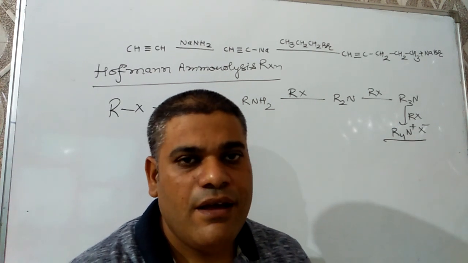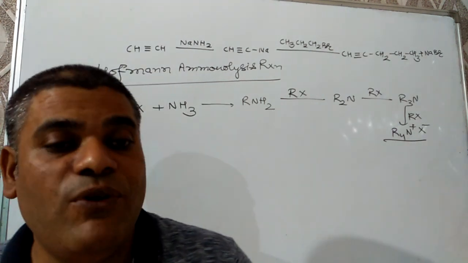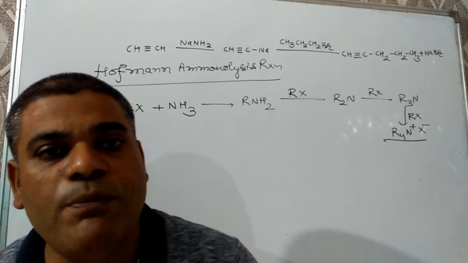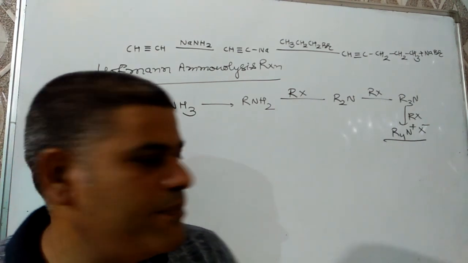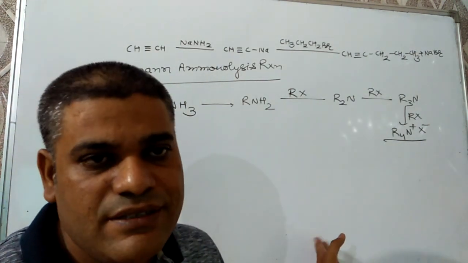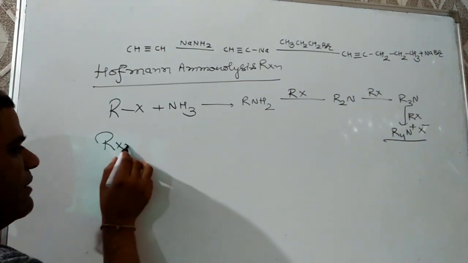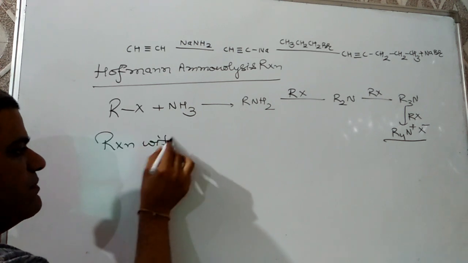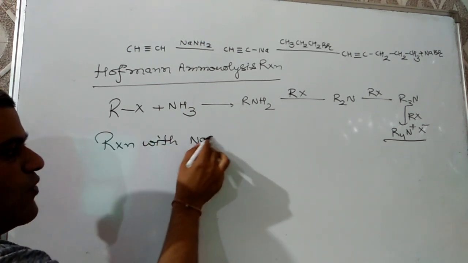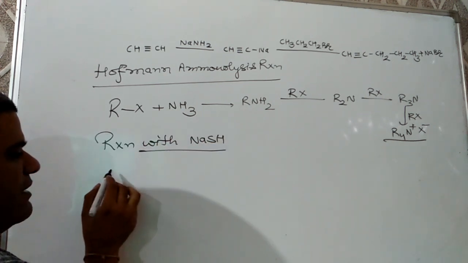So a question may be there: during Hofmann ammonolysis, why can't we get pure primary amine? The reason is that we get a mixture of products. Next example of substitution is substitution by thioalcoholic group, or formation of mercaptan.